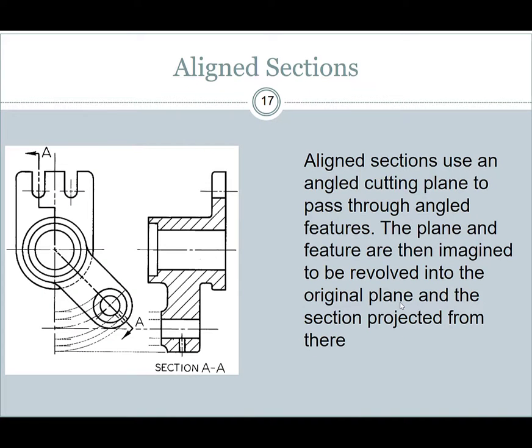Next one is the aligned section view. So for the aligned section view, you want to imagine the moving part can be moved to the vertical location, and then you do the projection from there.